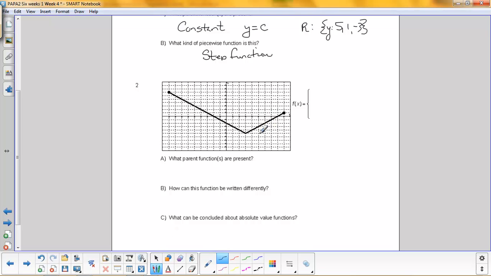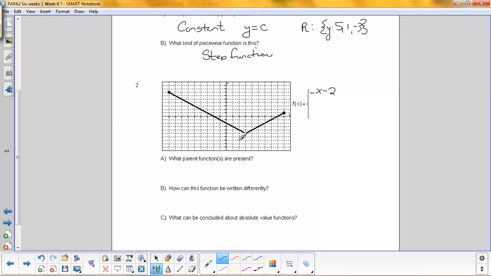Now what we have here appears to be an absolute value function which has been transformed from the origin. And as you're seeing from the questions below, we're going to take a look at what that actually is. But in fact, what we have here are two linear functions. The first linear function is -x minus 2.